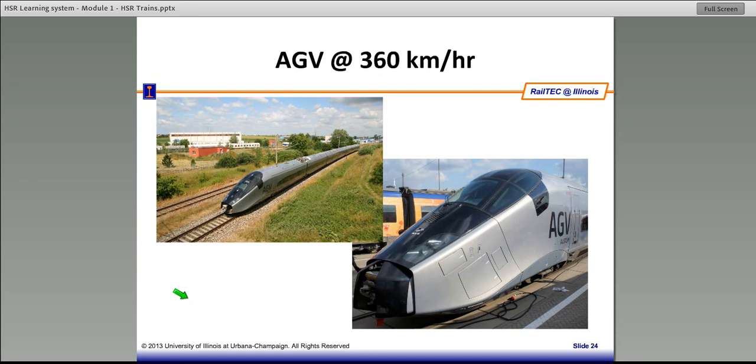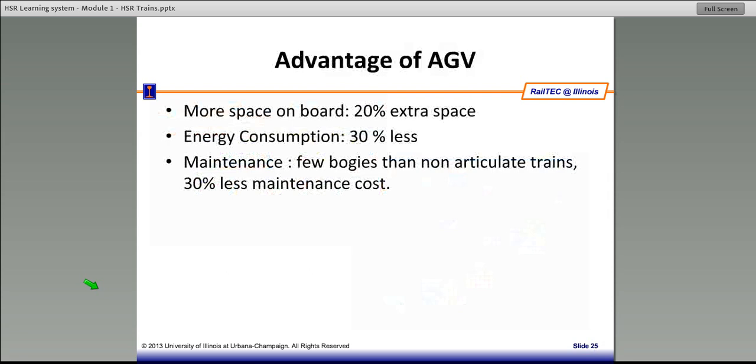So it's the first articulated power distributed train, and this train probably has the most advanced technology, including the power distribution and the articulation technology altogether. Okay, so nowadays, if you are selecting a train, most companies are producing the power distributed train for high-speed rail.